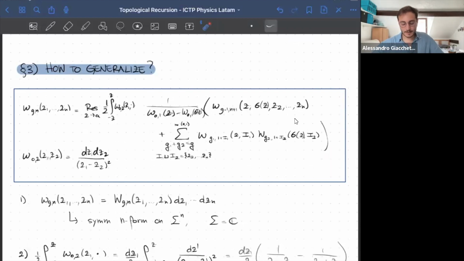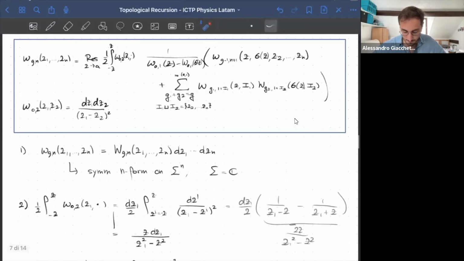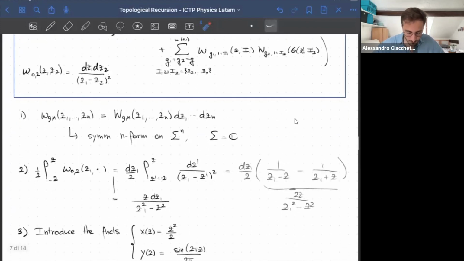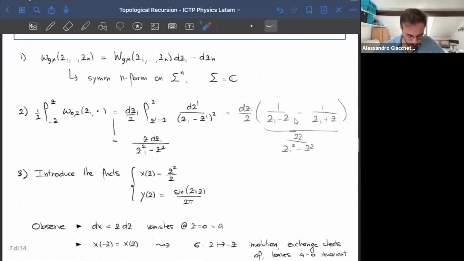But the main point here is that this formula has nothing to do with the specific case of hyperbolic surfaces or JT gravity. It's just the formula before when you take x and y to be these two specific functions. And so now I can finally give you the general definition of topological recursion.